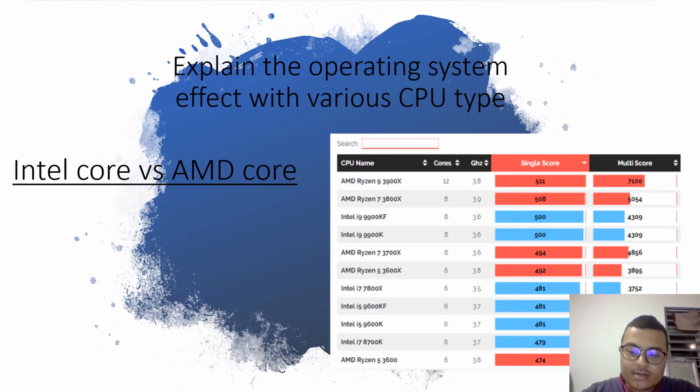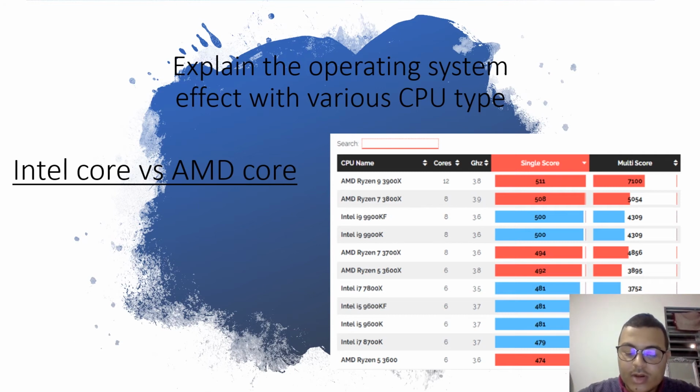Each of them has a special speed for itself. AMD Ryzen 9, for example, has 3.8 gigahertz for the speed and for responding the operating system. For example, AMD Ryzen 7 3700X has 8 cores and the speed is 3.6 gigahertz.